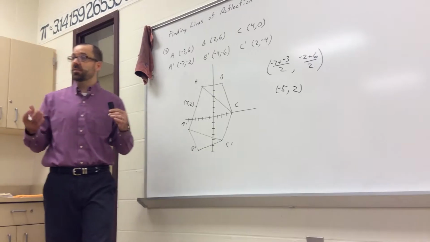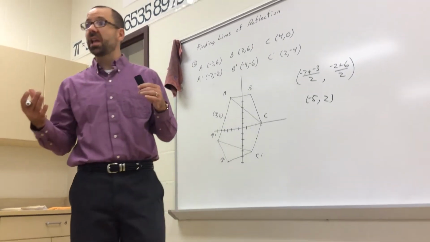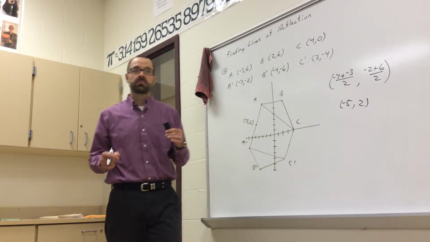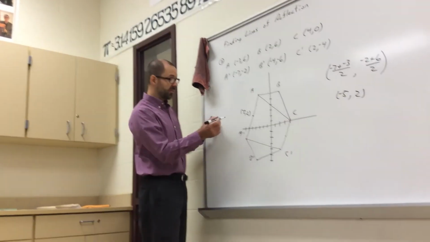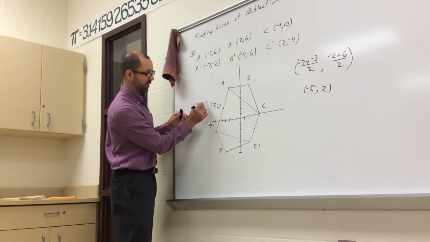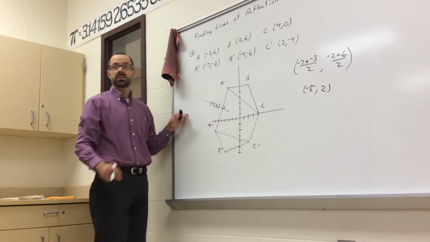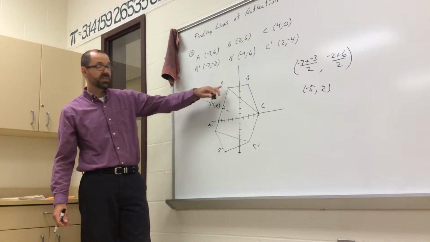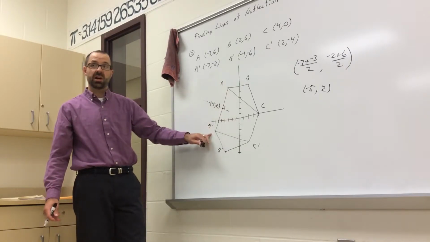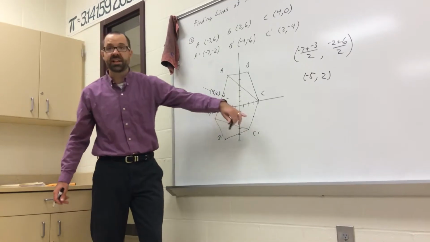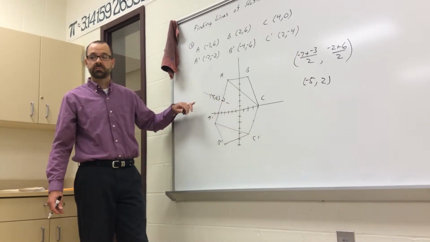And the reason we found the midpoint is because the reflection line is going to go through the middle of the connector line. Okay, then the other thing we know about the reflection line is it's going to be perpendicular. So we're going to find the slope from A to A prime, so we can figure out what the slant of this line should be.